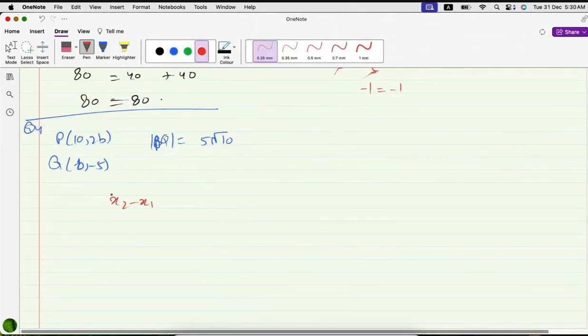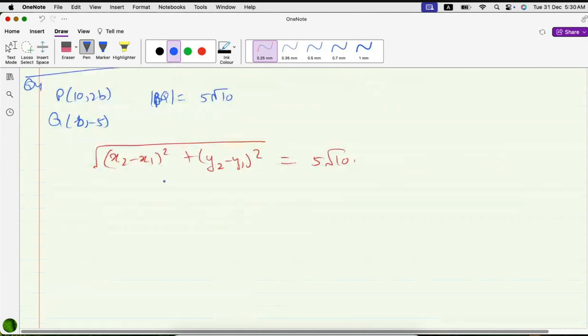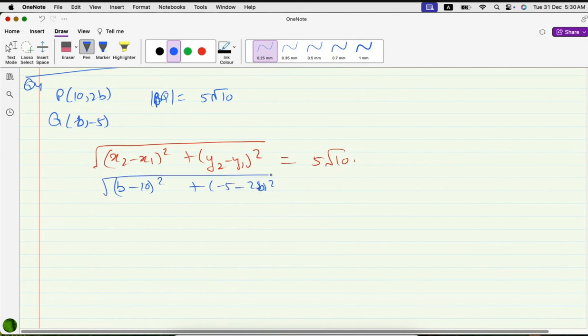Square root of X2 minus X1 whole squared plus Y2 minus Y1 whole squared is equal to 5 square root 10.